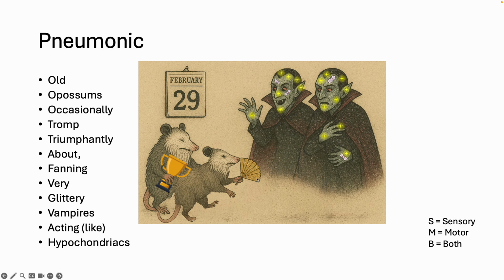Fanning, so they have a fan, and these vampires over here, they're clearly very glittery vampires. Maybe they're from Twilight, which had sparkly vampires. But you can see these vampires are acting like hypochondriacs because they are putting band-aids all over themselves. So that's a little mnemonic to hopefully help you remember the order of them.